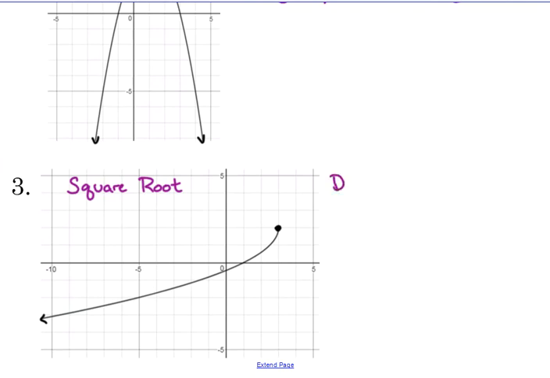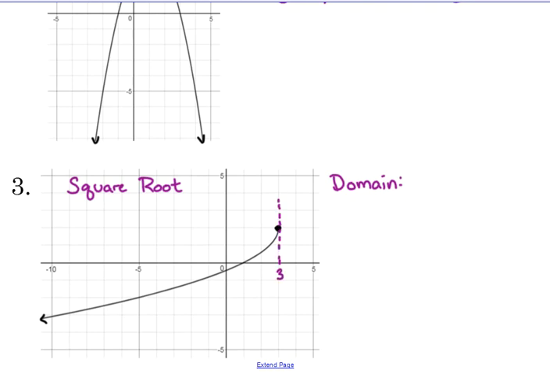Okay, so let's look at our domain. If we start on the left side, our arrow's over there on the left side. So that means we keep going on the left side. We're good over there. And as we move to the right, we're good until we hit this point right here. This x value right here is 3.